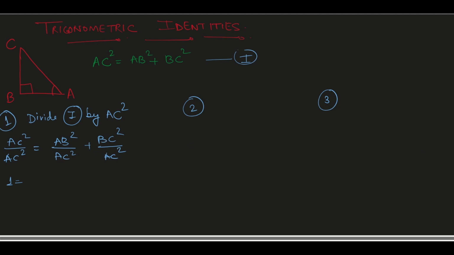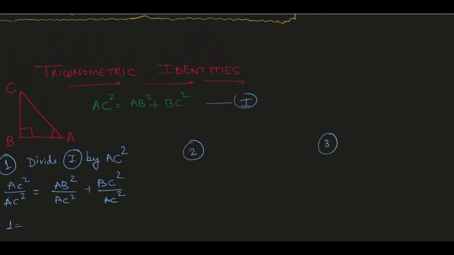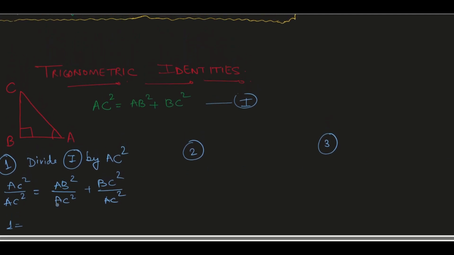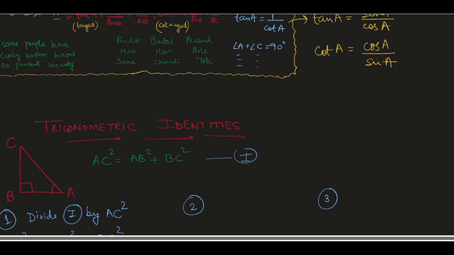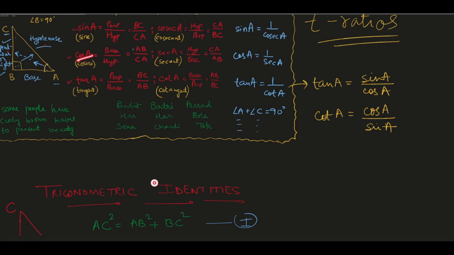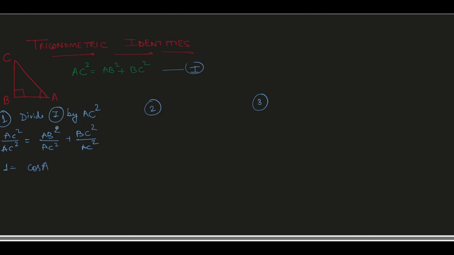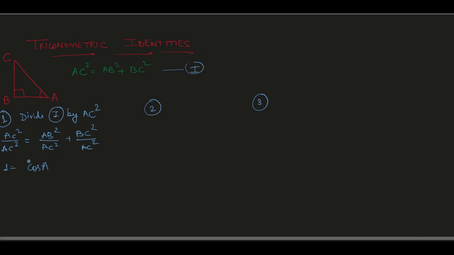So let me take you to our T ratios that we calculated. Just pay attention here, AB by AC. Let's see what is AB by AC here. Let me highlight it for all of you. See this AB by CA or AC. So this is cos A. AB by AC is cos A, but again there's a twist. This is square, so I'll have to write square.